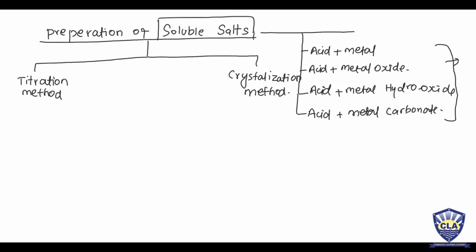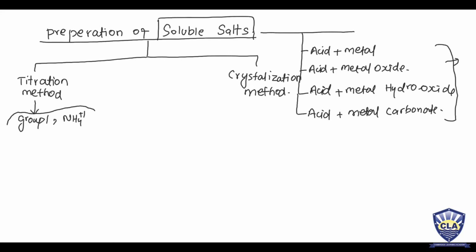The titration method can be used only when you have a salt in which a group 1 metal is present, or ammonium NH4+ is present.